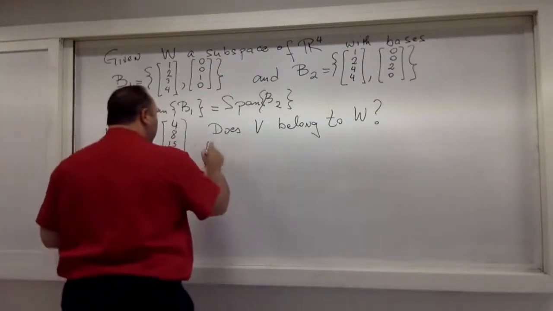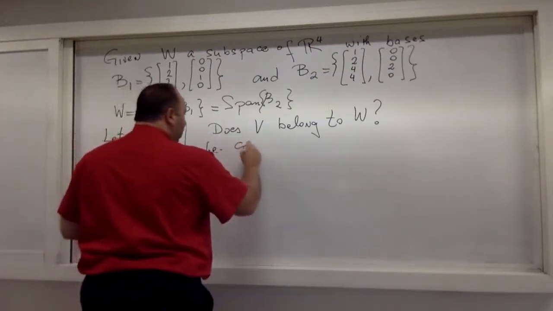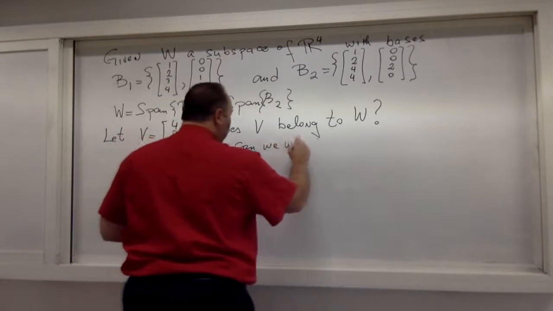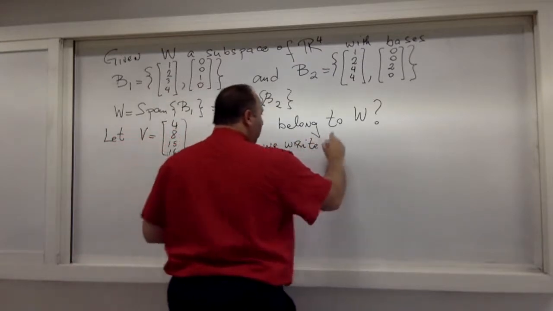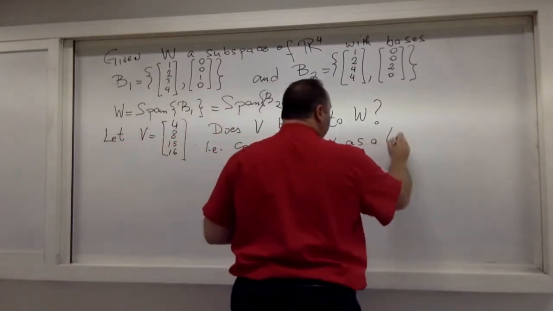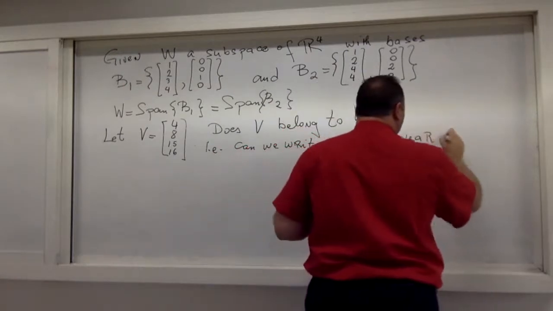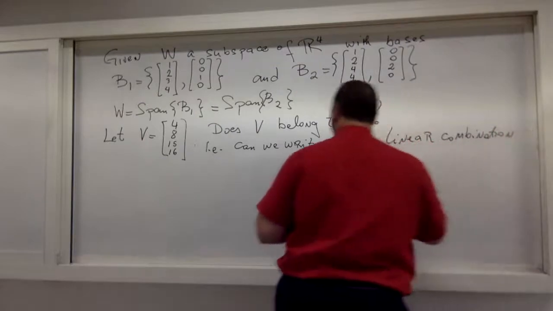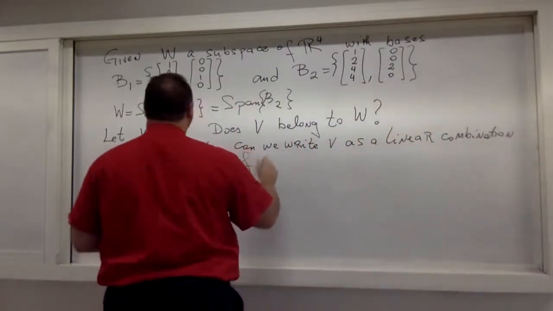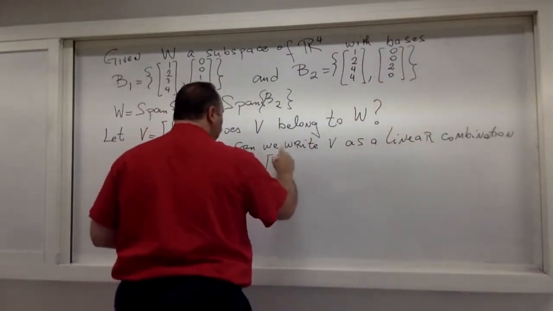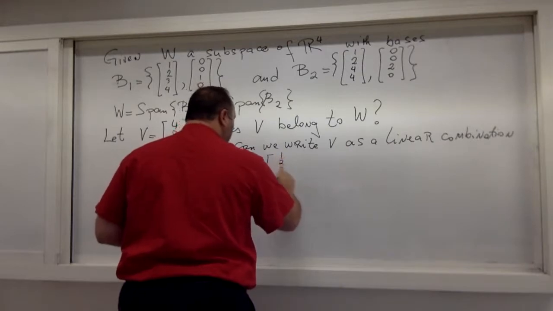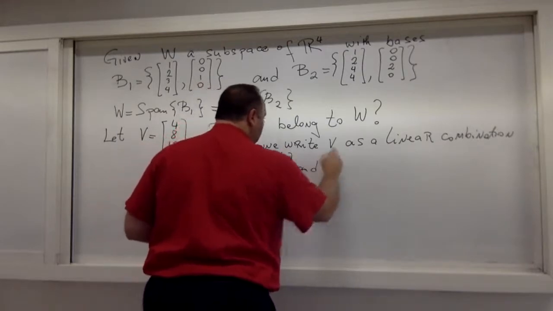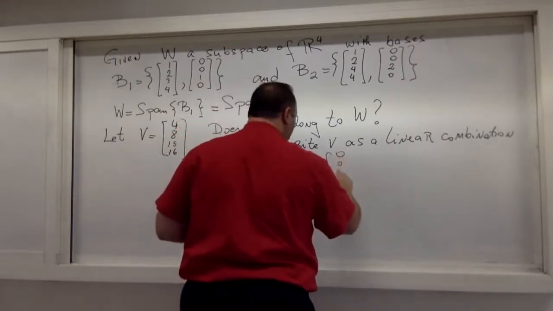So this is the same as, can we write V as a linear combination of 1, 2, 3, 4 and 0, 0, 1, 0.